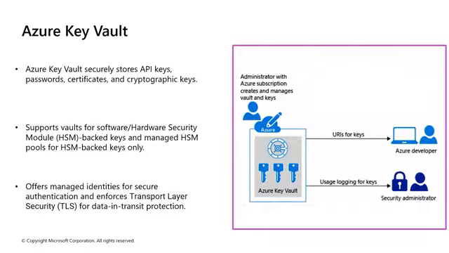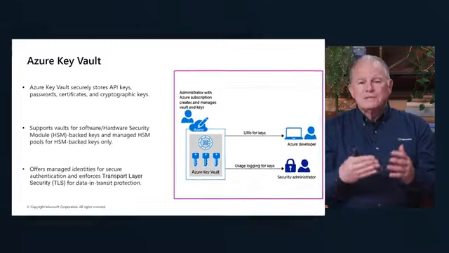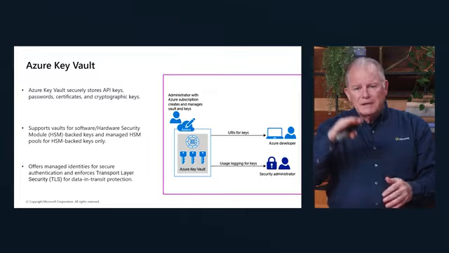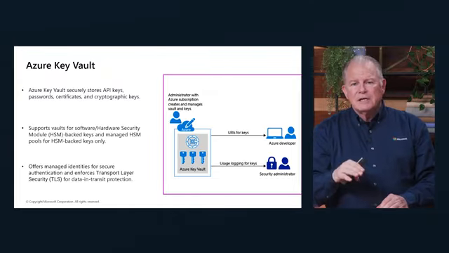Now, there's two versions of Key Vault. There's the standard Key Vault that we'll talk about in just a few minutes, and there's one that supports, in that second bullet point, a thing called an HSM, or Hardware Security Module. I always think of the Mission Impossible movie, of Tom Cruise dropping into a building, trying to get access to some information.